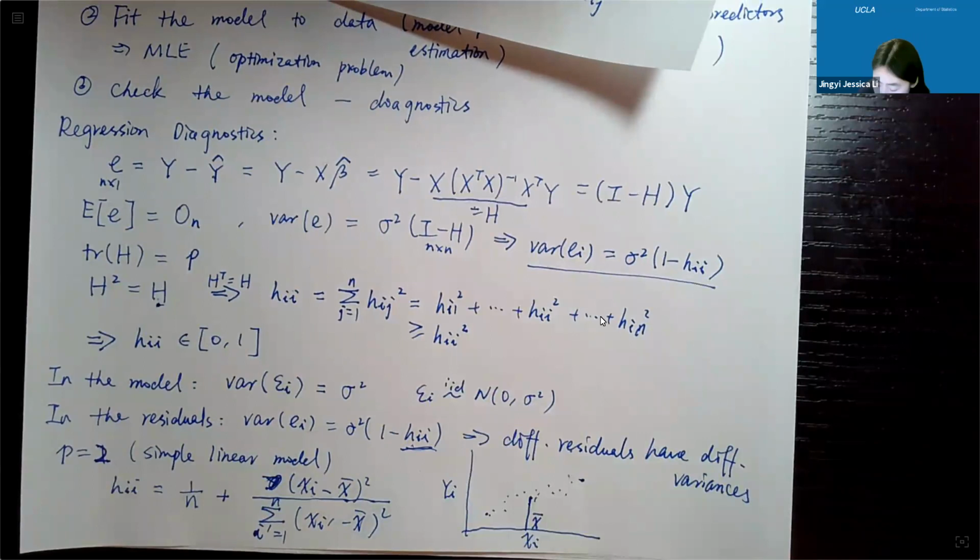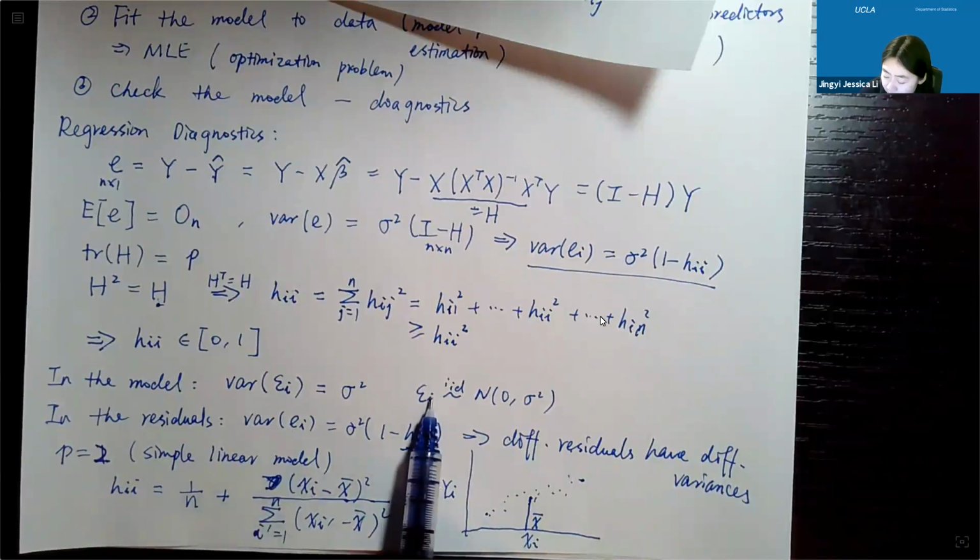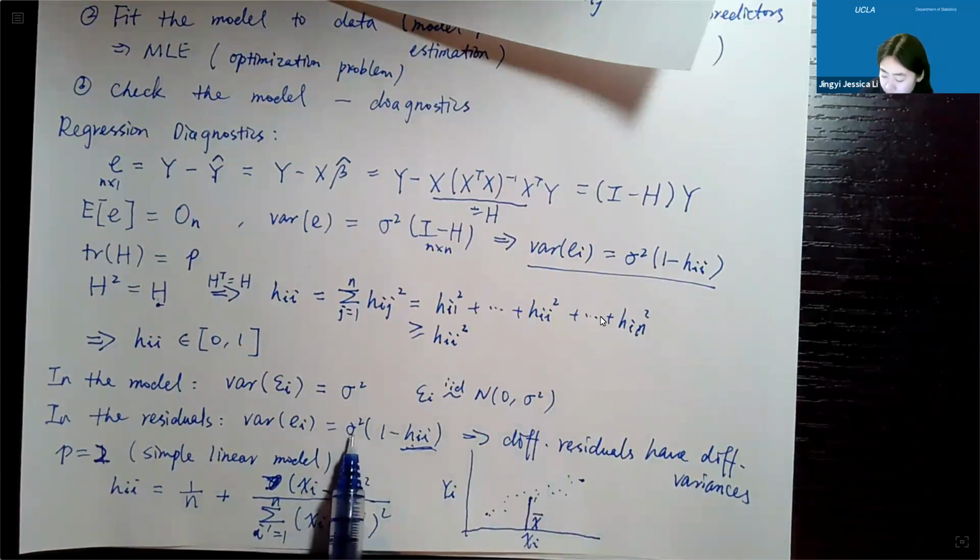But we don't observe epsilon_i. We only observe e_i, the residuals. If we want to use residuals as a surrogate for the error term, there's an issue. The residuals do not have variance sigma squared. It's actually multiplied by a specific term that depends on the observation i.